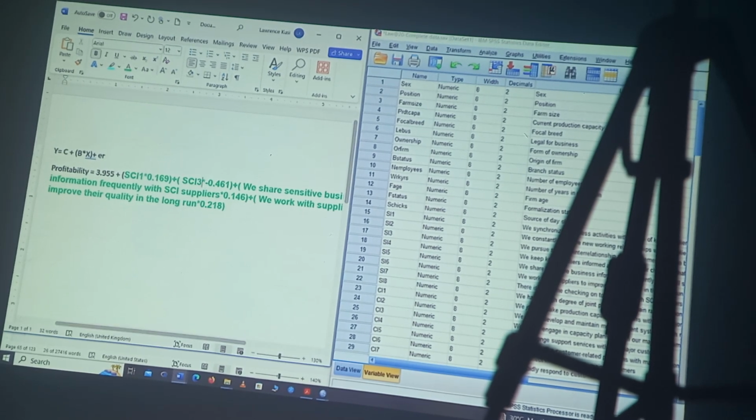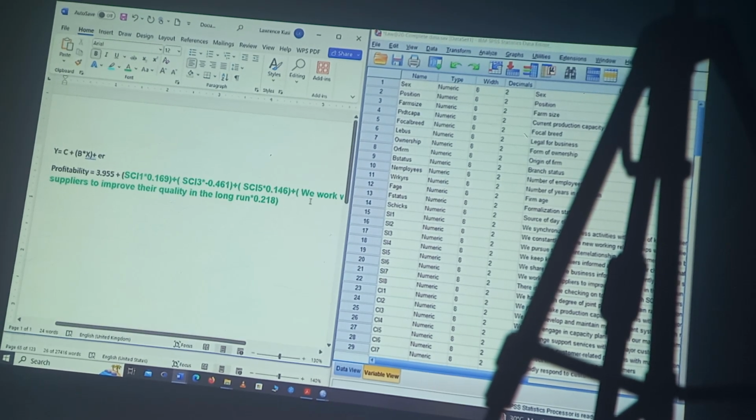So we share sensitive information. Where is it? There's 5, supply chain integration 5. Share sensitive information. So let's use supply chain integration 5.